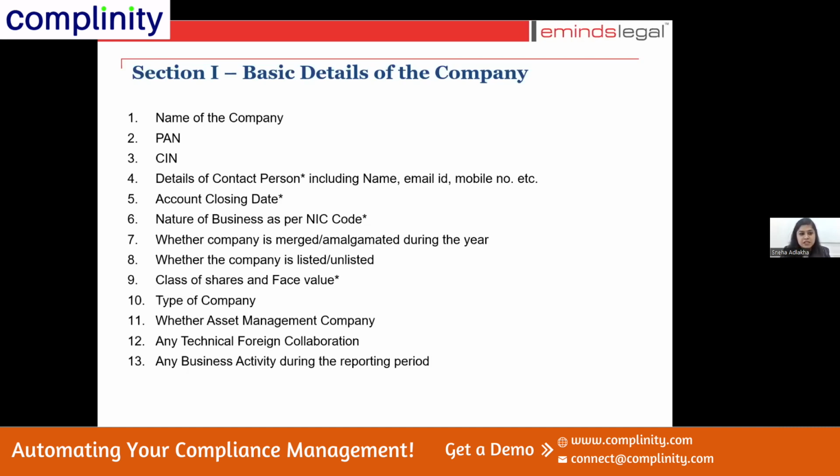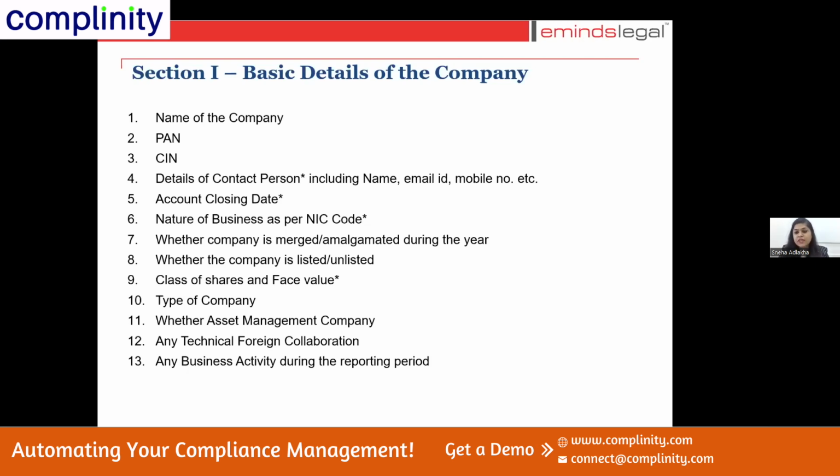Last, but one of the most important points, is class of shares and face value. There are three classes to be defined here: equity, participating preference shares, and non-participating preference shares. There are two columns. First, you have to mention how many classes and then the face value. If you have one class, you can simply mention 1 and insert the face value as 10 or 100 as the case may be.